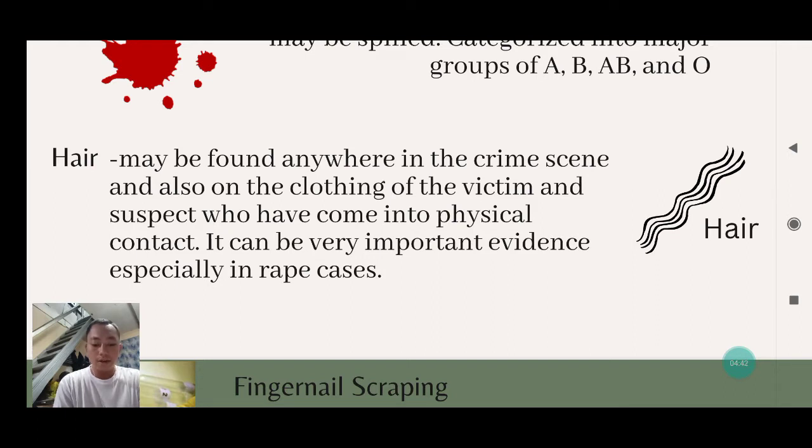Next, take by combing, pulling, or cutting close to the scalp. Next, take at least a dozen hairs from each location. In rape cases, take two samples from both the victim and the suspect. The first is taken by combing and the second is by cutting and pulling.